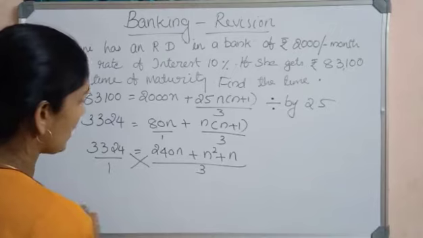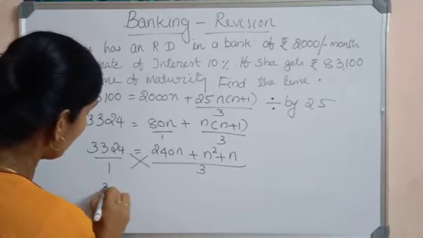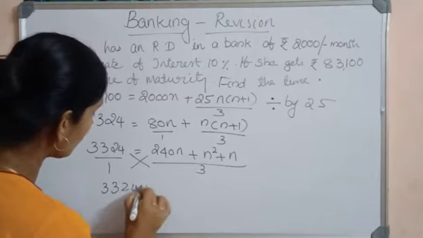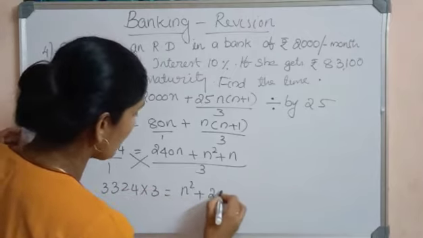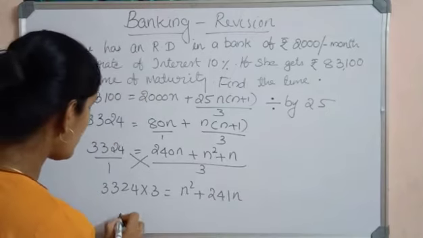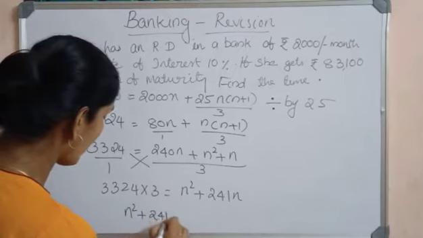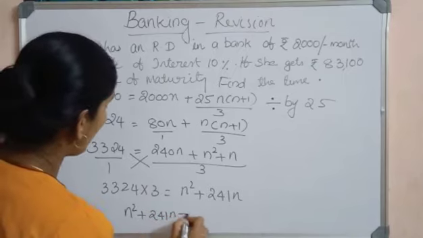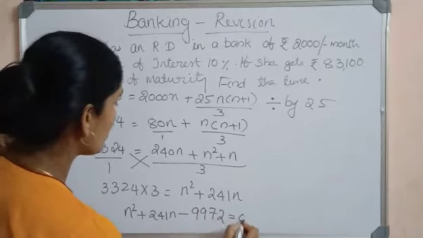By cross multiplying, we get this as 3324 into 3 is equal to n square plus 241n. So when you are rearranging the terms, this will be n square plus 241n minus 9972 is equal to 0.